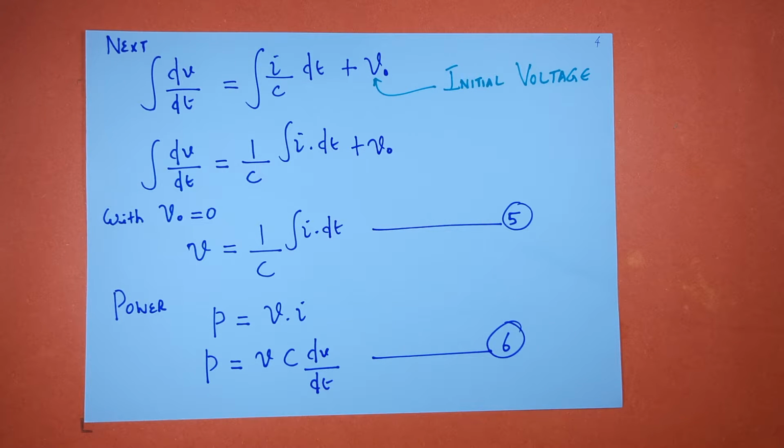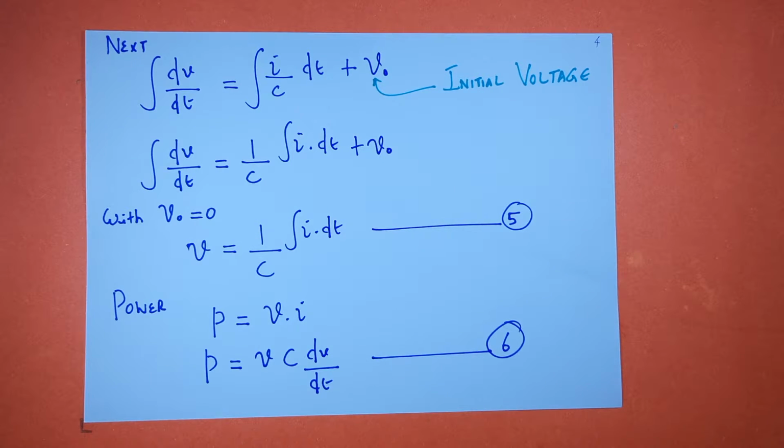Next, you integrate on both sides of equation number 4. So you have v equal to integral of I by C dt plus V naught. This V naught is the initial voltage across the capacitor. Or in other words, it is the voltage across the capacitor at the starting time, right? That is the initial voltage.